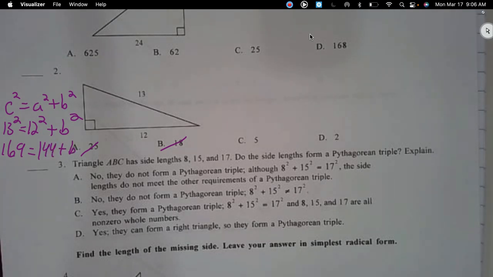Then what do we do? Subtract. What's 169 minus 144? 25. Then what do we do? We square root it. And what is b? 5. Okay?